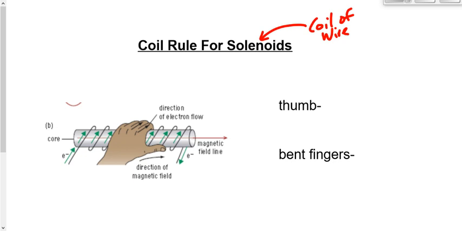Now, if I take a core, and this core is ferromagnetic, and I wrap wire around this core, I think it was Blake on the first day of this unit who was talking about how we apply an electric current, we can generate a magnetic field.